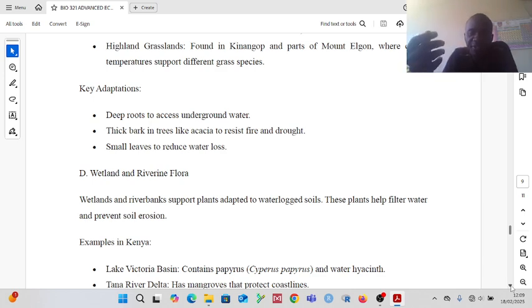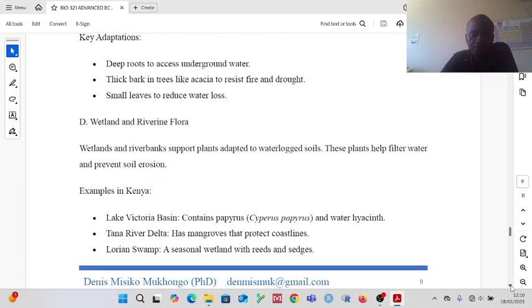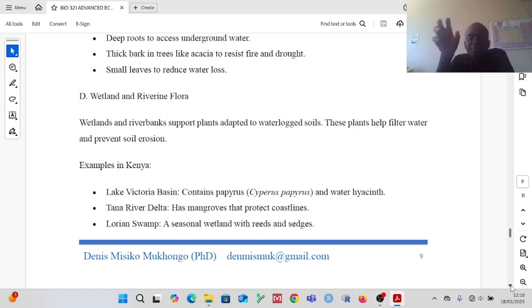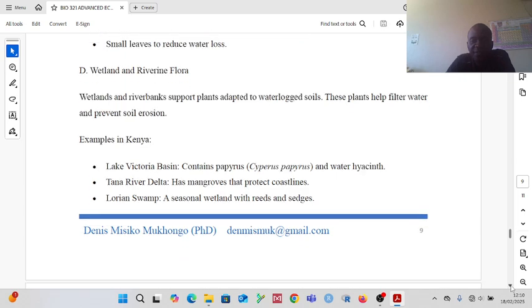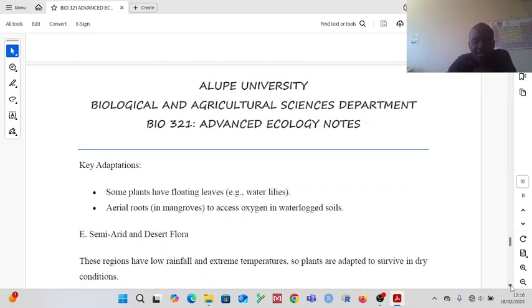But the adaptation is that they have roots that are not just within the water, but the roots also help in breathing outside. Okay. So the different flora on the different land masses will have adaptations that enable them to thrive, to survive within that land mass.